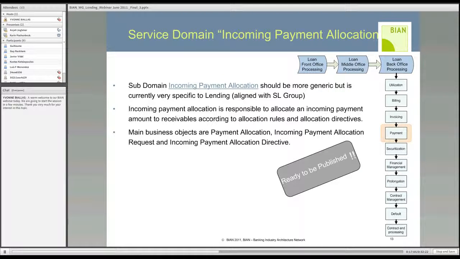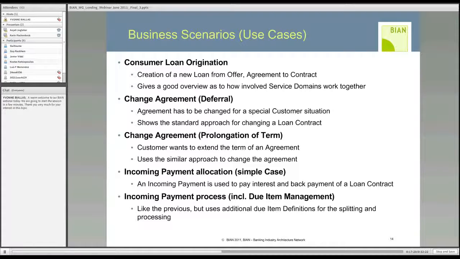Right. So going further into the other areas that we worked upon as a part of the working group, one was firstly to identify the initial scope of service domains in the loan area. Then once we had created these service definitions, it was also needed that we check how they work together, and validate the engagement between these various service domains.